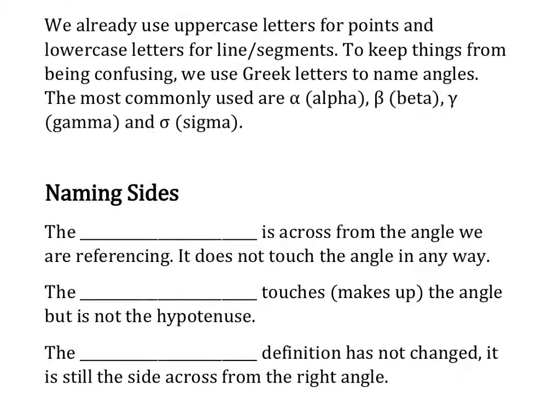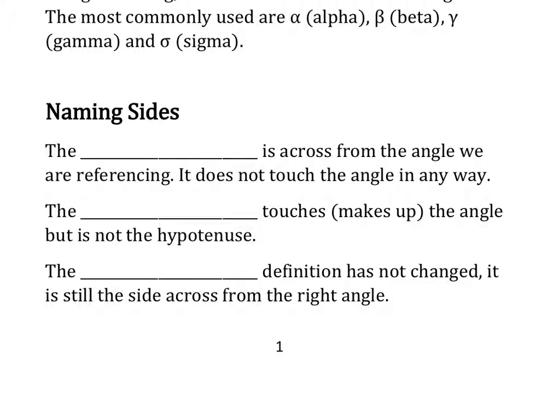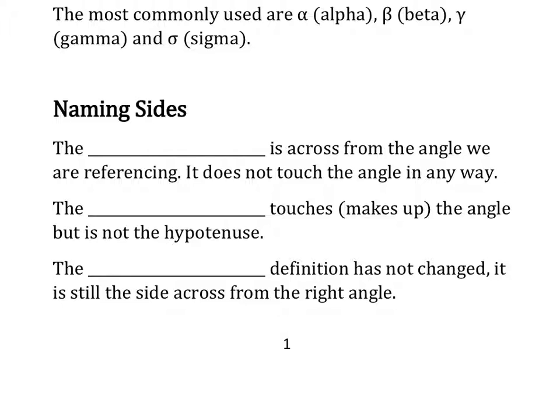When it comes to naming the sides of your triangles when using trigonometry, please know that the opposite side is across from the angle we're referencing. It does not touch the angle we're referencing in any way.